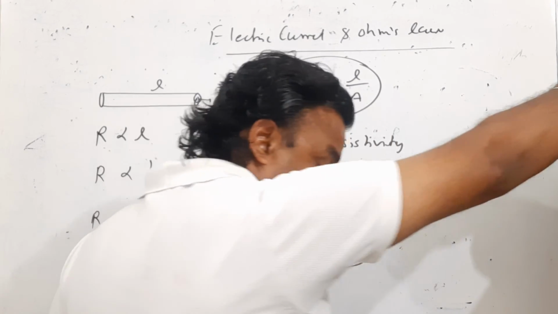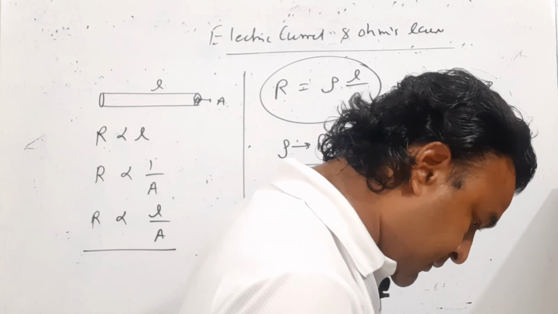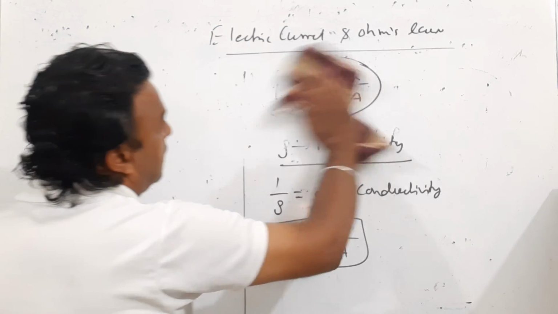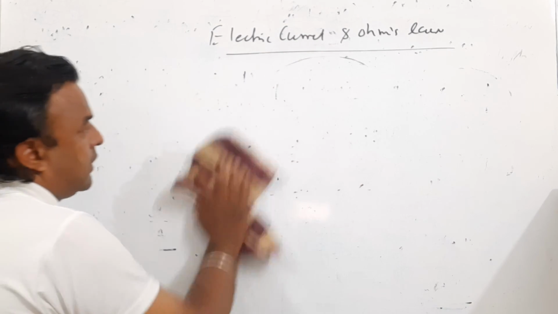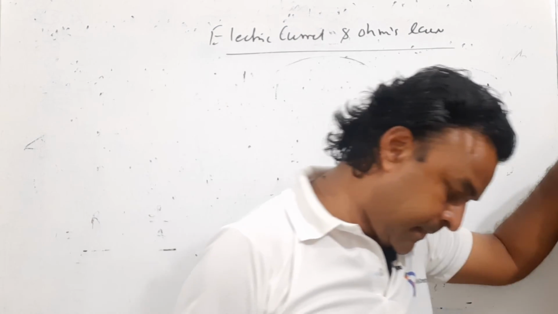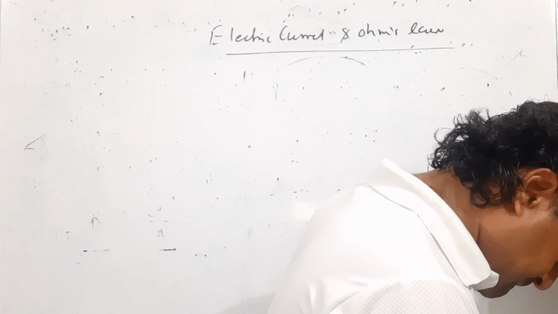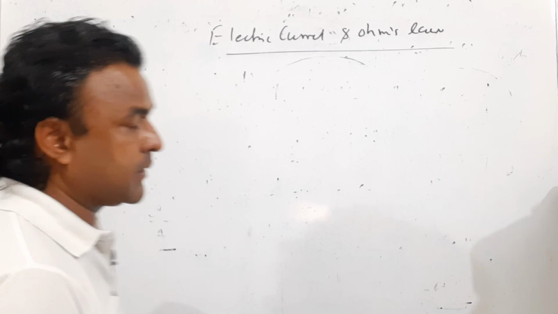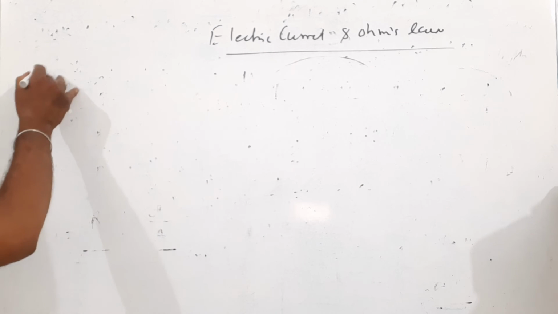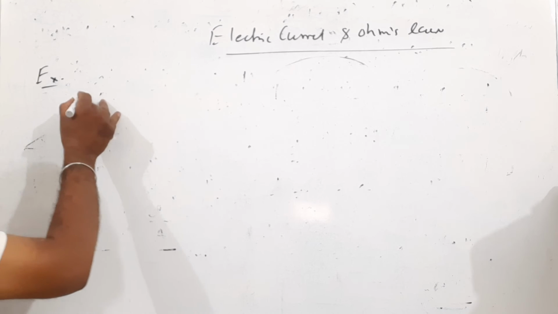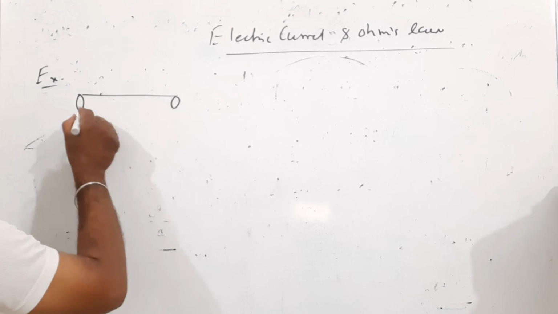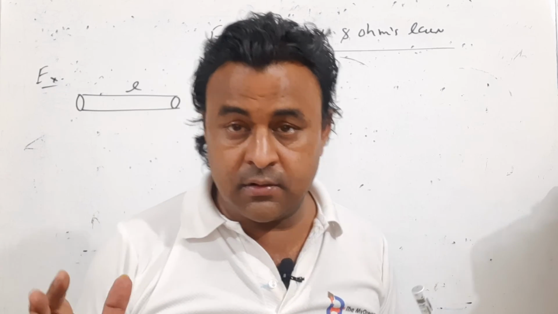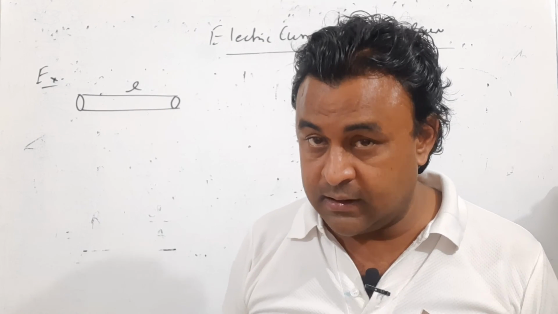Now I take a simple example of it. For example, we have a wire of length L. The question is that if it is stretched to double its length, right?